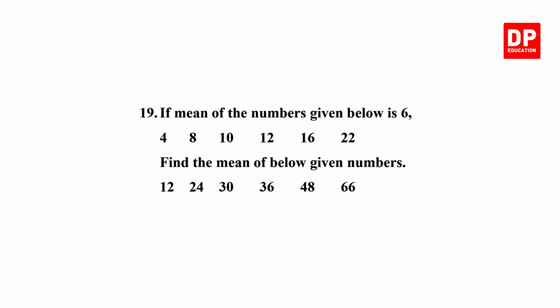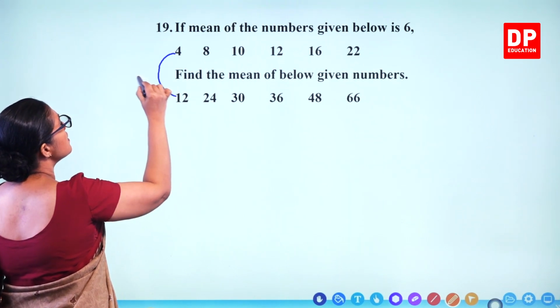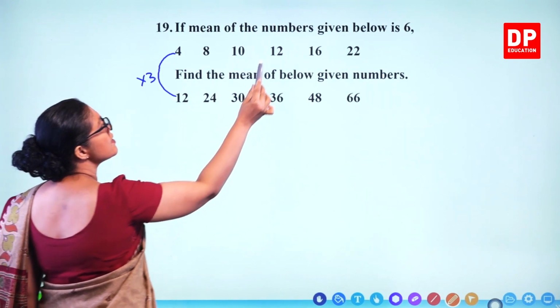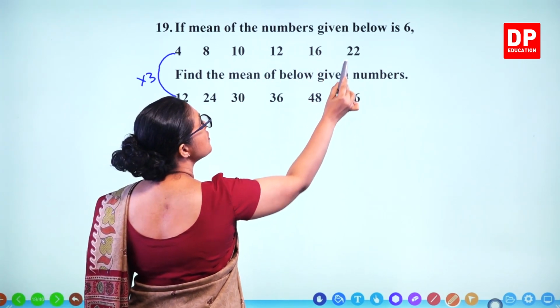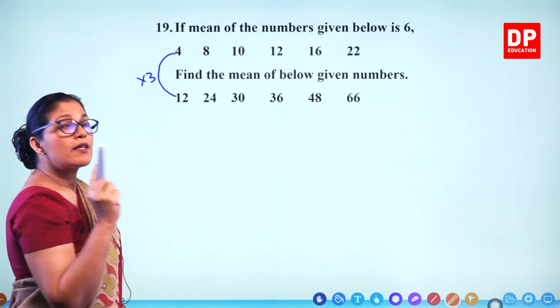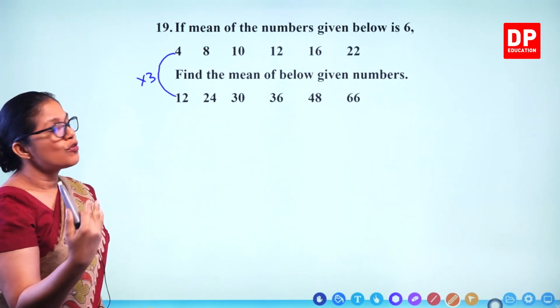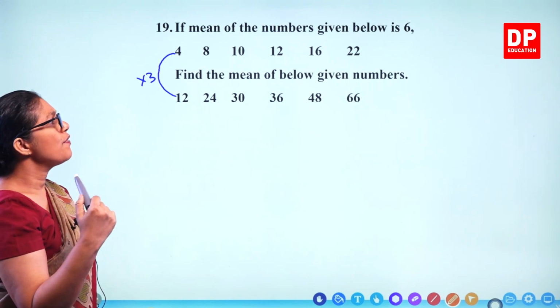Question number 19. If mean of the numbers given below is 6, find the mean of below given numbers. Now look at carefully. All these numbers multiplied by 3. 8 times 3, 10 times 3, 30, 12 times 3, 16 times 3, 22 times 3. So what happens to the mean? So mean also needs to multiply by 3.